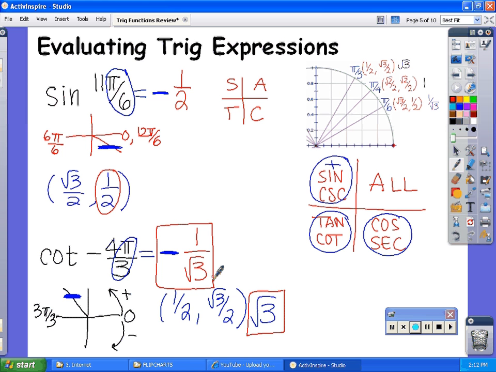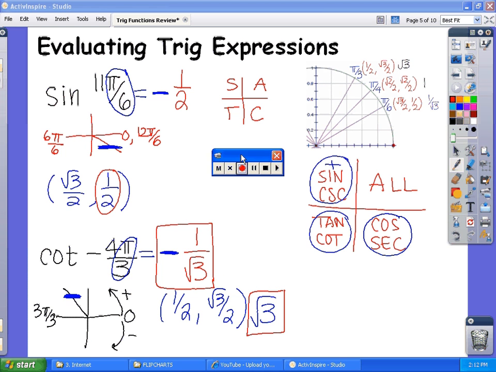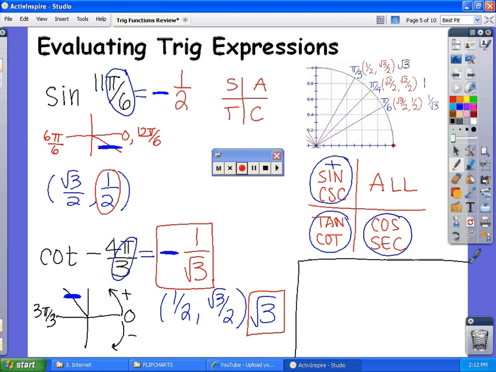Now, in class, someone did ask me the question of, well, how do you do something like the tangent of pi over 2? Well, tangent of pi over 2, we are looking at this point here. So we're not inside of a quadrant. So we don't label it positive or negative.